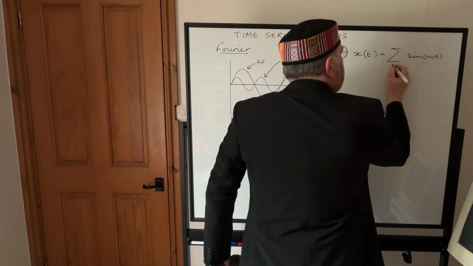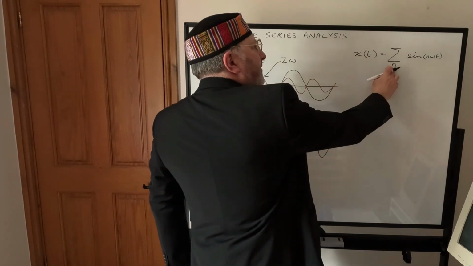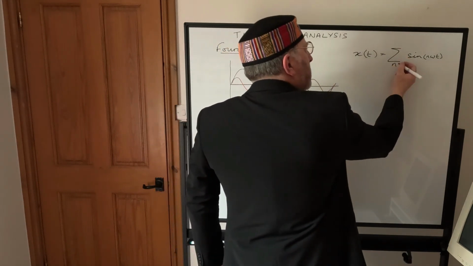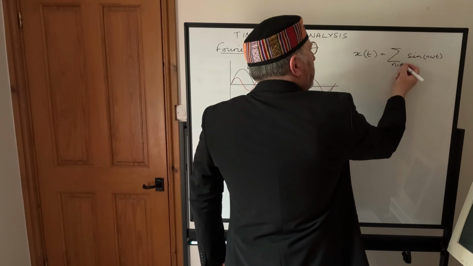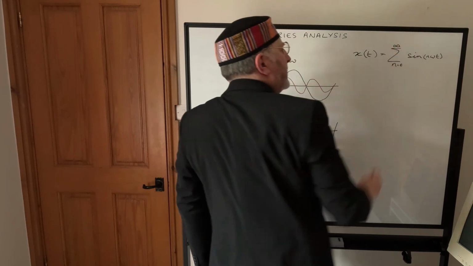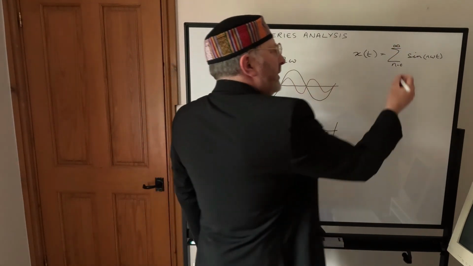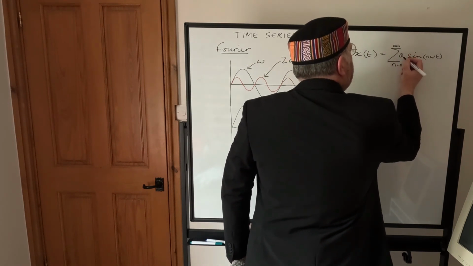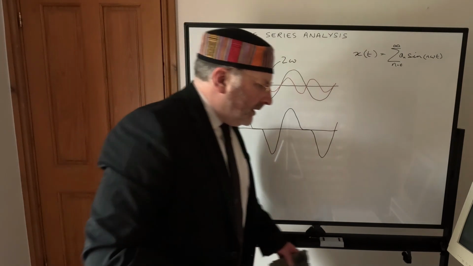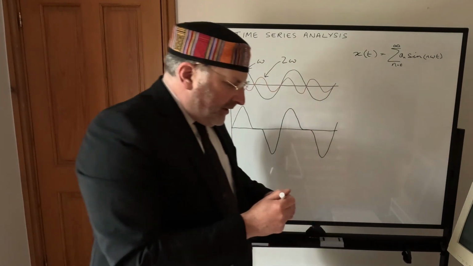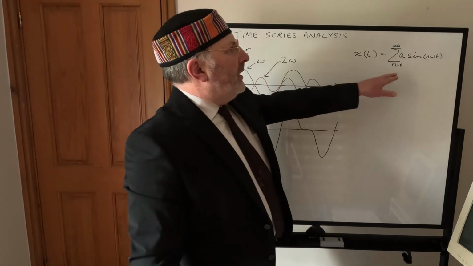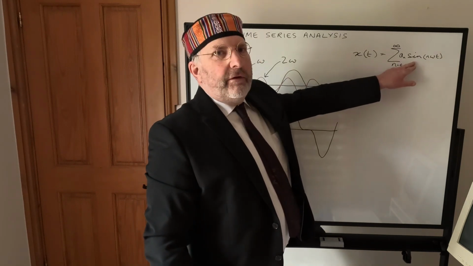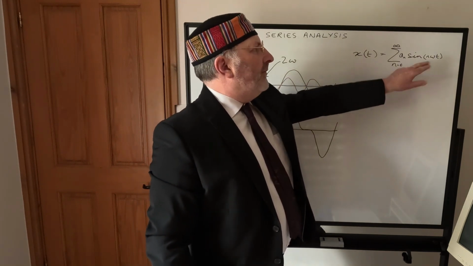N omega t is the frequencies, where n varies from 1 or even 0, in fact, up to potentially infinity, and they will have different amplitudes, so A_n. And we're saying that any signal can be represented by such a sum of sine waves.